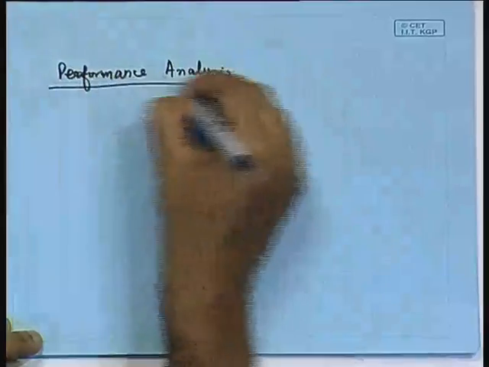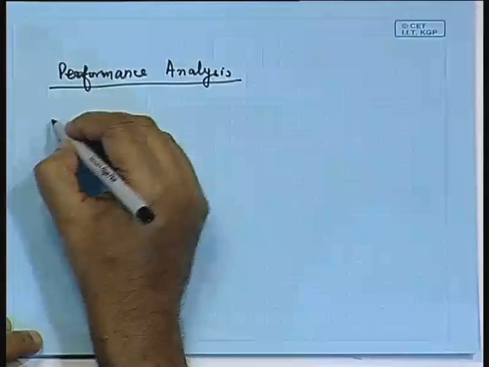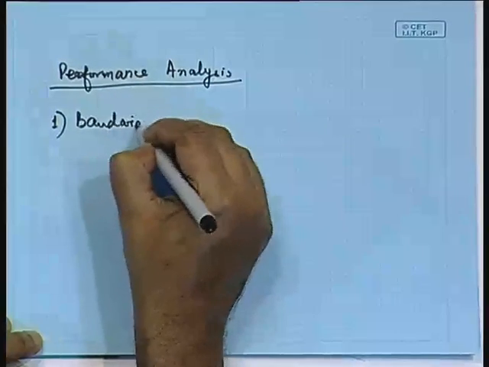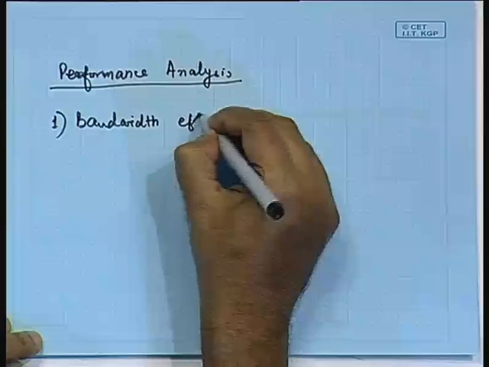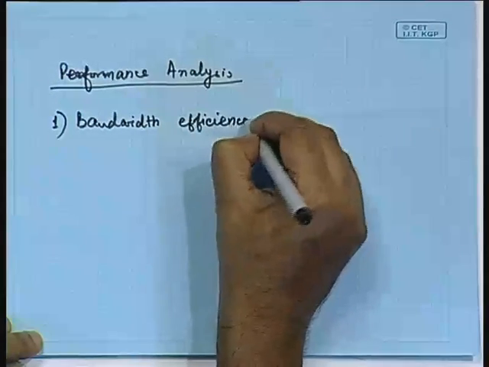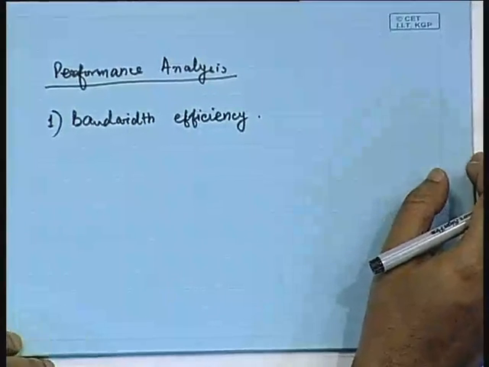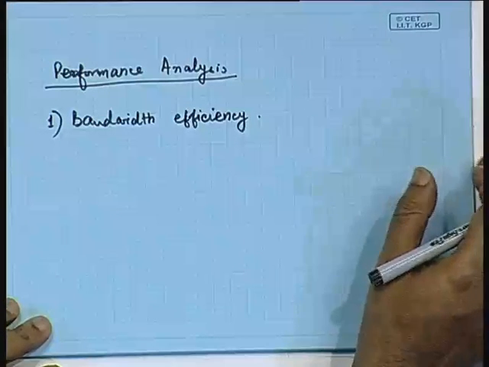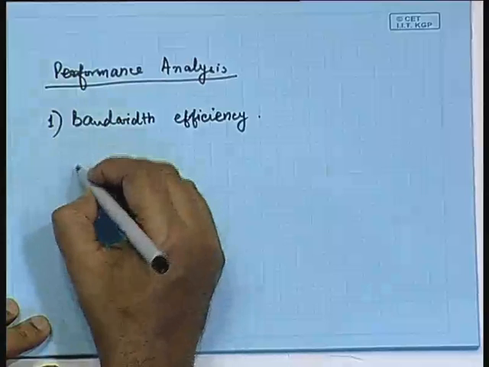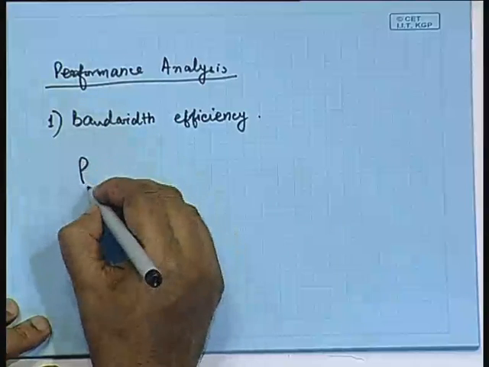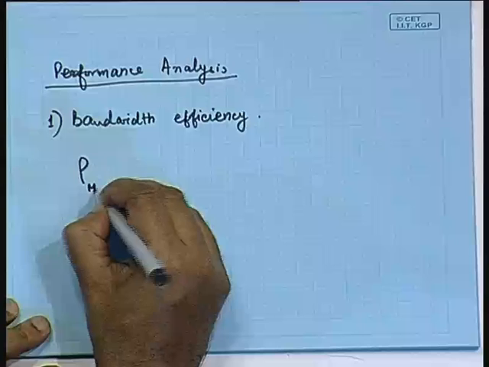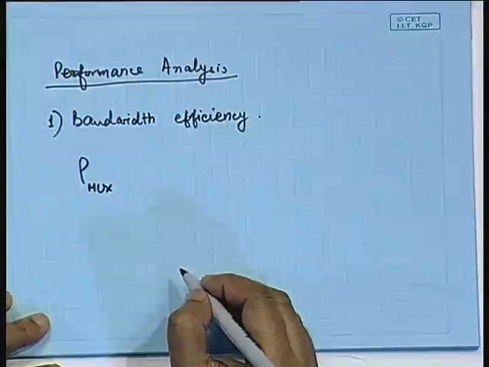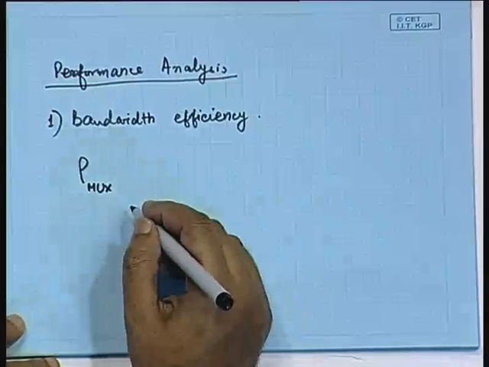The first performance analysis is what we call the bandwidth efficiency. To do that, we define the efficiency like this. We call this rho, and we say rho with the multiplexer, that is, in the multiplexed scheme, what is the efficiency?